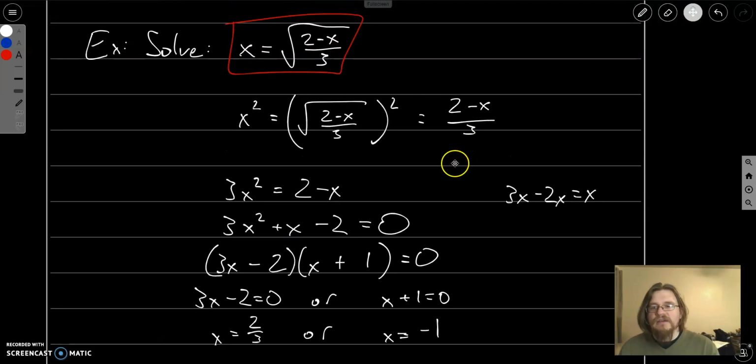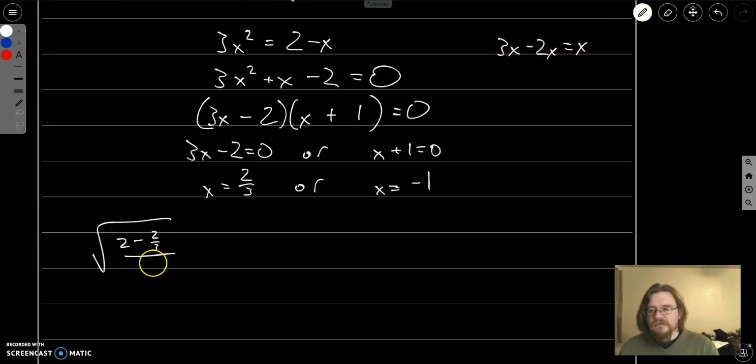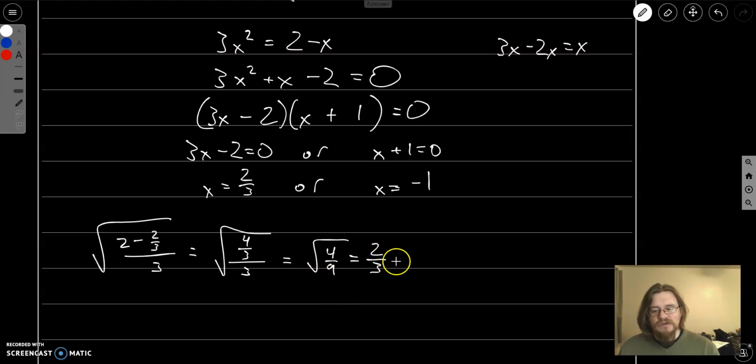Let's simplify this. 2 is the same thing as 6/3, and 6/3 minus 2/3 is 4/3. If we divide that by 3, this is going to be 4/9, and the square root of 4 is 2, the square root of 9 is 3, so this is going to be 2/3. And that works. Okay, so this is one of our solutions.